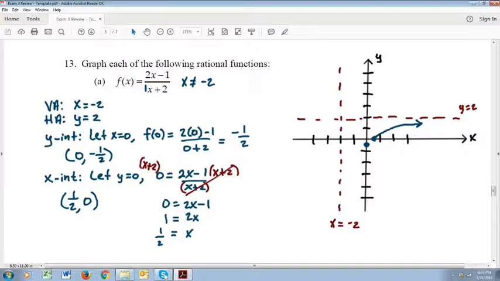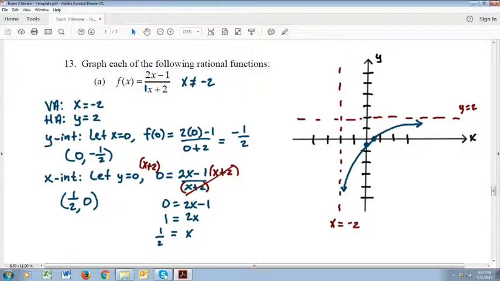And as you go to the left, it's going to continue to go down, but it can't cross that asymptote. So it's going to look something like that. You really only need 2 points in each region on a graph like this.